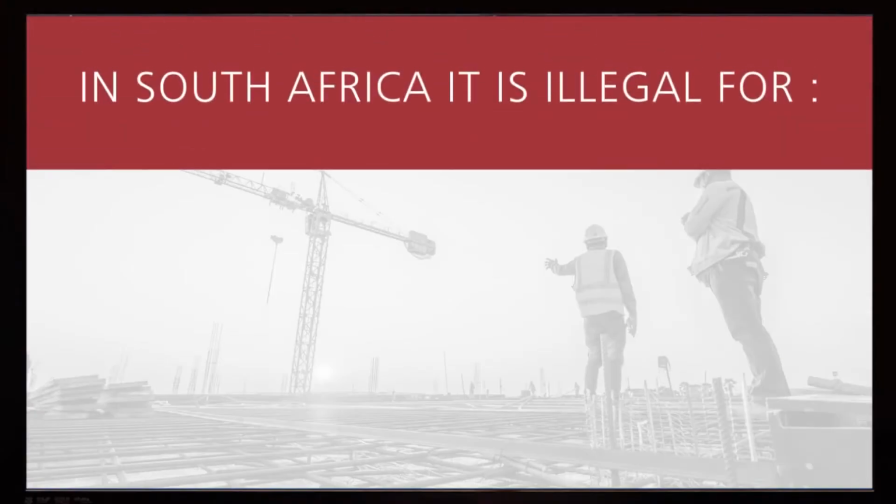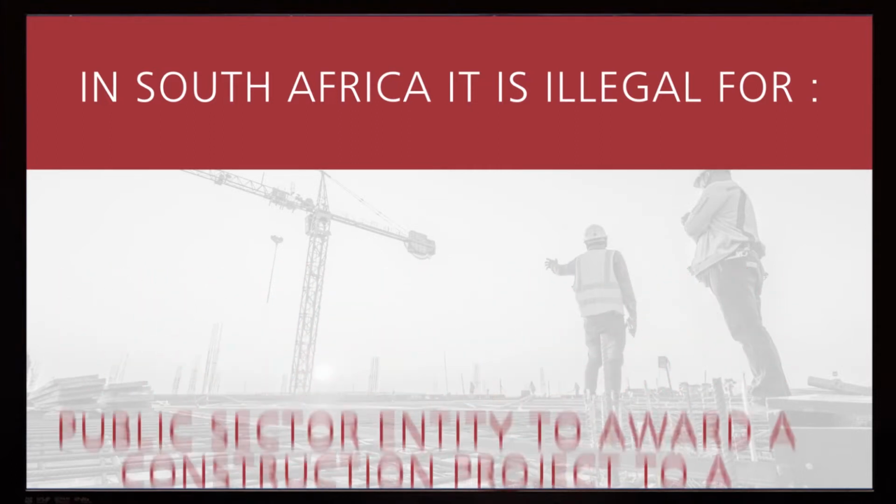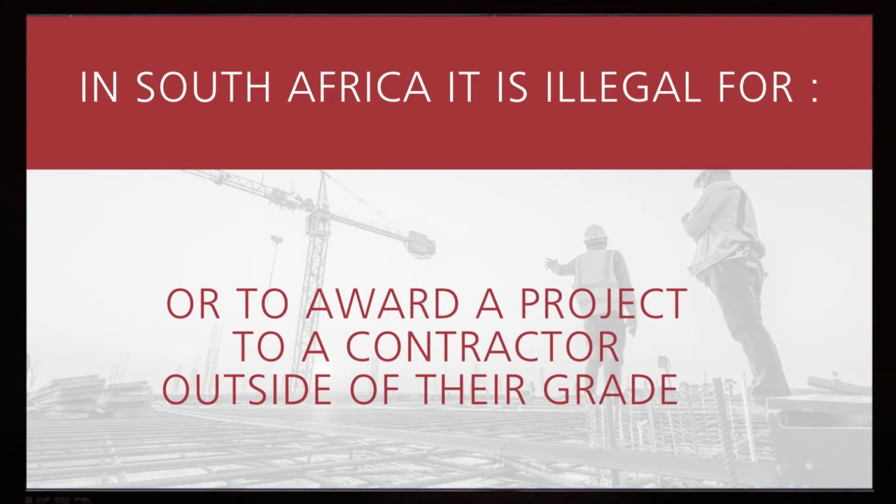In South Africa, it is illegal for any public sector entity to award a construction project to a contractor that is not CIDB registered or to award a project to a contractor outside their grade. So, how do you make sure you're doing it right when you ask contractors to submit tenders for projects? It's much easier than you think.